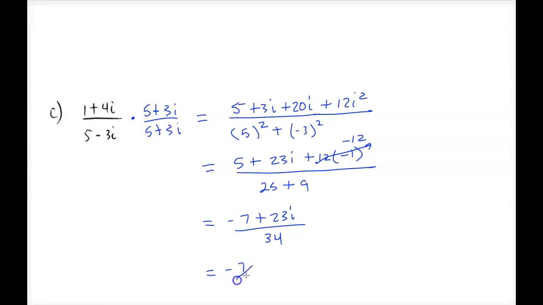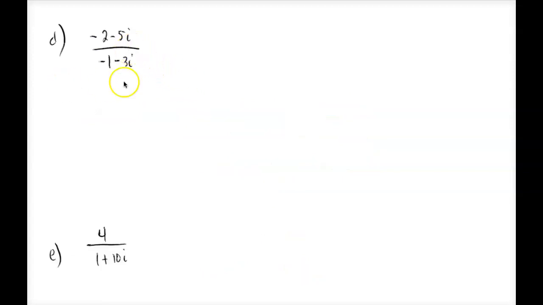Splitting the number up into true complex number form will end up giving us a negative 7 over 34 plus 23 over 34i as our resulting complex number. So with our next example, kind of the same thing.